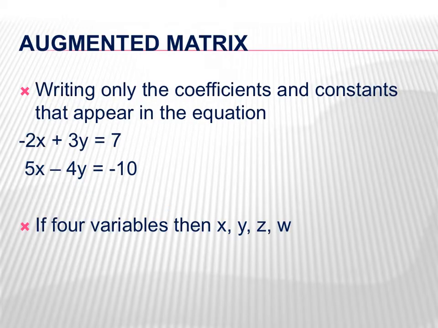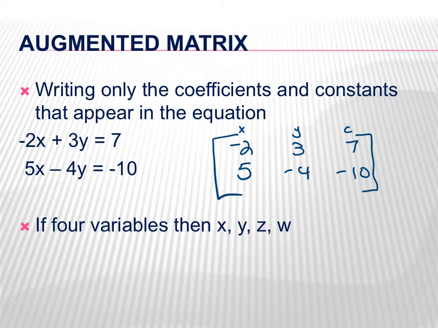All right, so the augmented matrix is writing only the coefficients and constants that appear in an equation. So if I have a system that says negative 2x plus 3y equals 7, x minus 4y equals negative 10, then I'm going to go in order: x's, then y's, then the constants, and you leave out the variables. So this would be negative 2, 3, 7, 1, negative 4, negative 10. And this is called an augmented matrix. There's no variables in there.